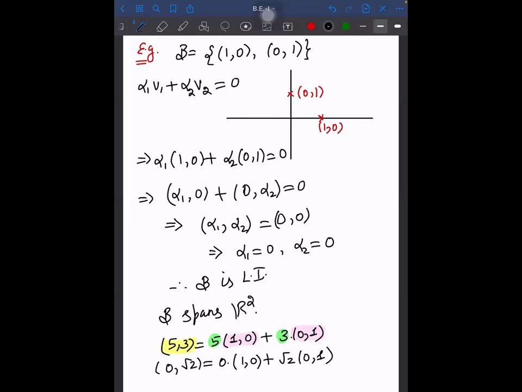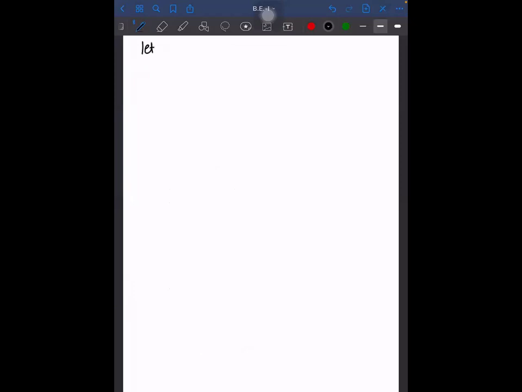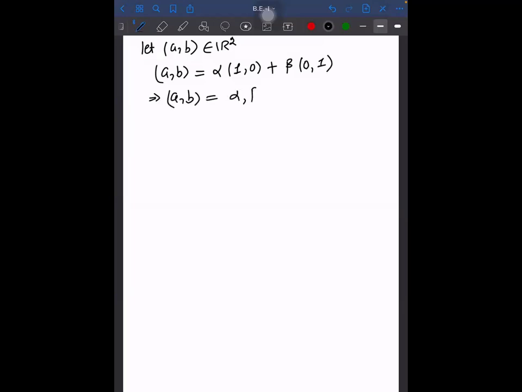Sir, how do we prove this part generally? We have taken two specific examples, but how do we prove it generally? So for this we take let (a, b) belong to R2. Now let's say (a, b) can be written as alpha times (1, 0) plus beta times (0, 1). So your (a, b) can be written as (alpha, beta). So that means your a is alpha and your b is beta.